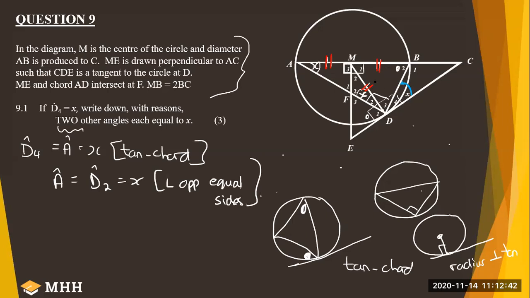Sharp. While I'm looking at this, can you see that M1 will actually be equal to 2X? It's one of those: angle at the center is equal to twice the angle at the circumference. I don't know if you can all see it or remember this one. It's not really tricky, but it's sometimes not so easy to see.